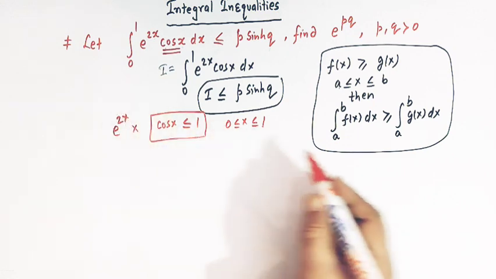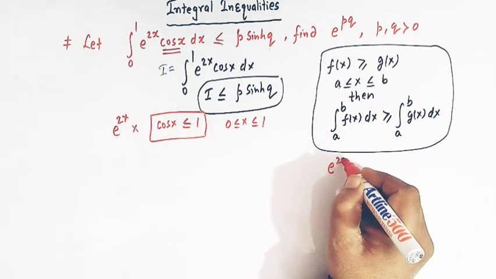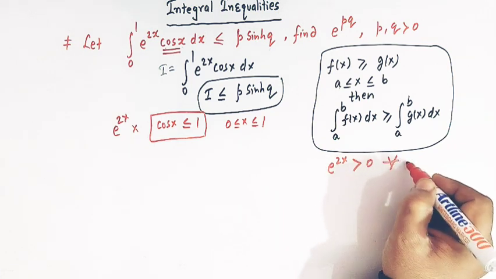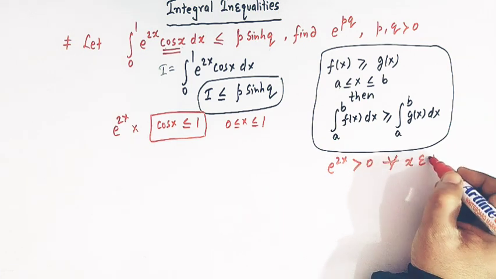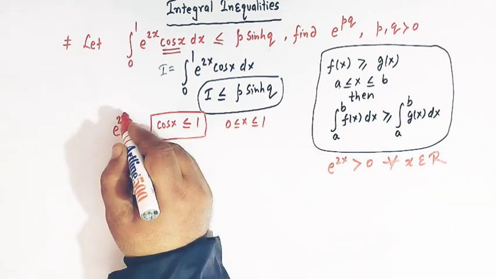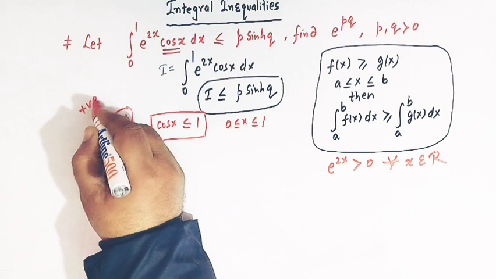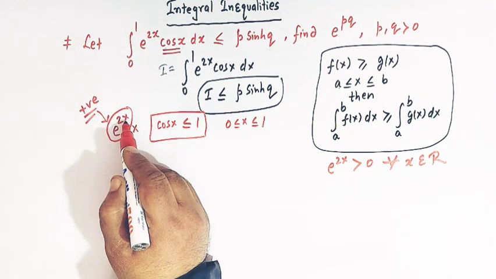Why? Because the exponential function is always greater than 0 for all x belonging to the set of real numbers. So e raised to 2x is always a positive quantity for all real values of x.